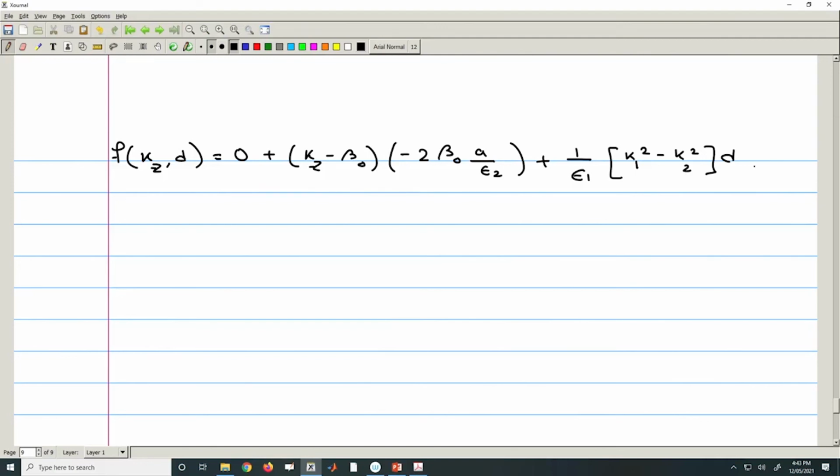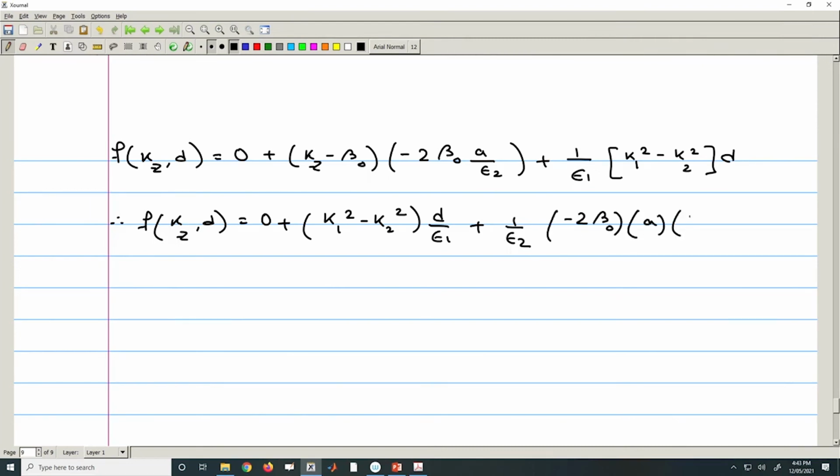Therefore, we can write f of k_z comma d as (k1 square minus k2 square) d upon epsilon 1 plus minus 2 beta naught a upon epsilon 2 times (k_z minus beta naught).